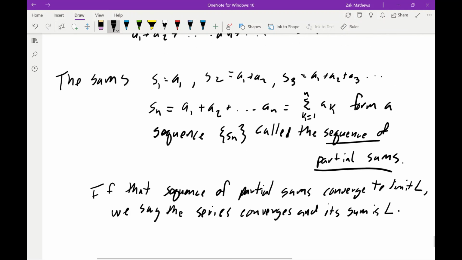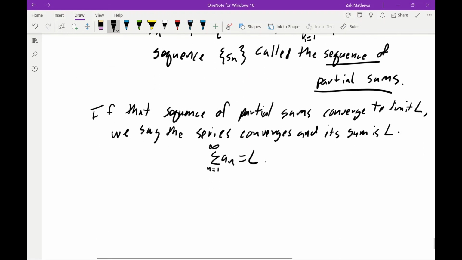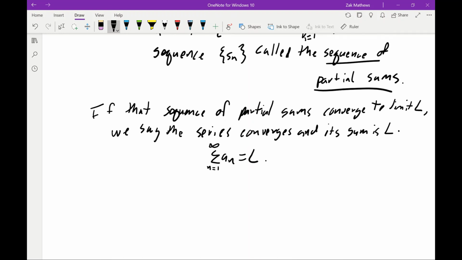And we would write that, or let me write it a slightly different way. We could write the summation from n equals 1 to infinity of an is equal to L. So that summation as we go off to infinity is equal to L.